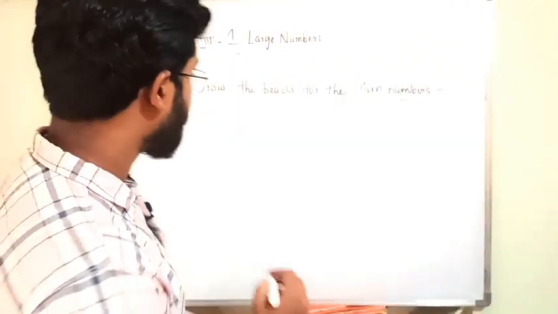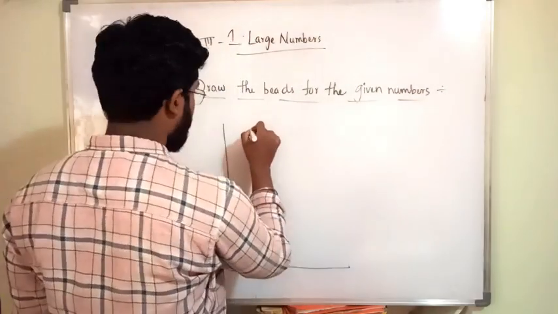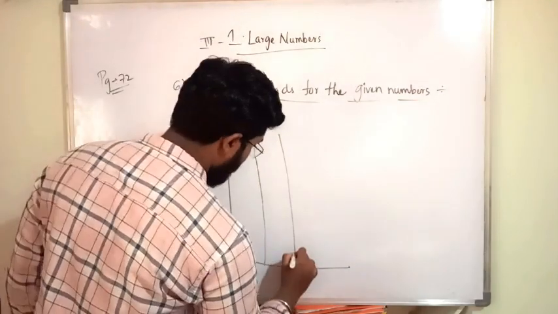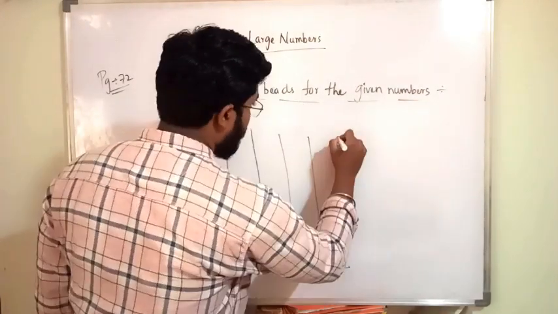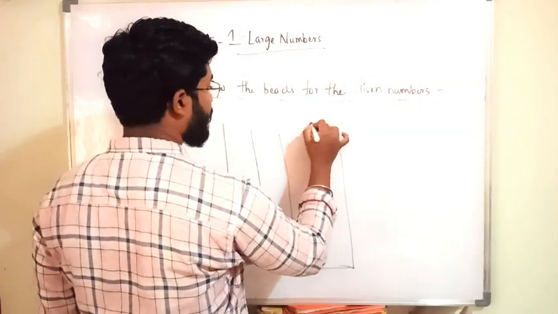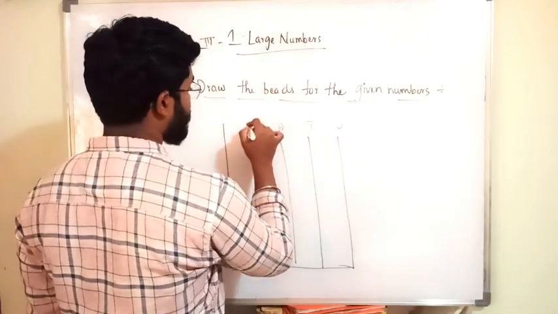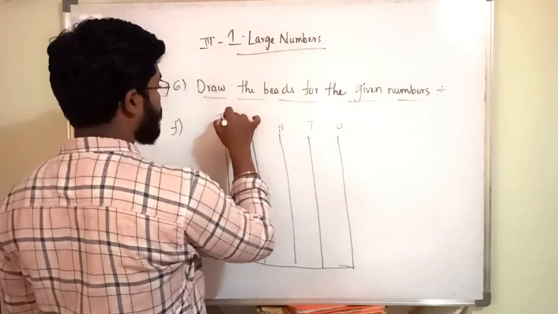How many rods are there? 5 rods are there. 1, 2, 3, 4, 5. This is 1's rod, 10's rod, 100's rod, 1000's rod, 10,000's rod.